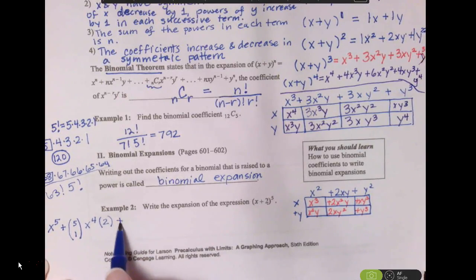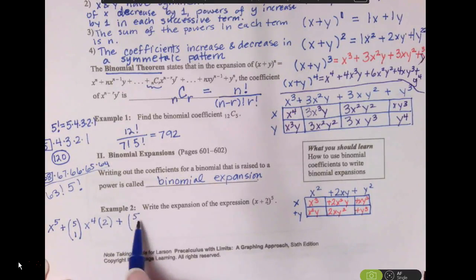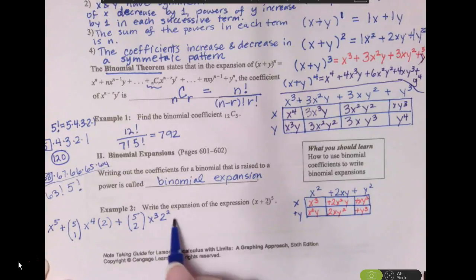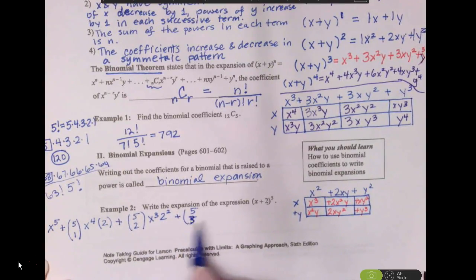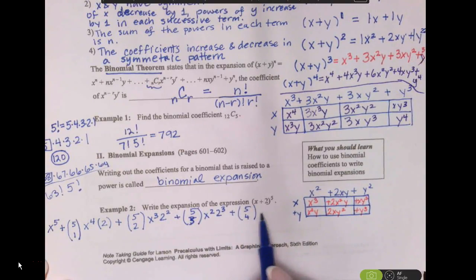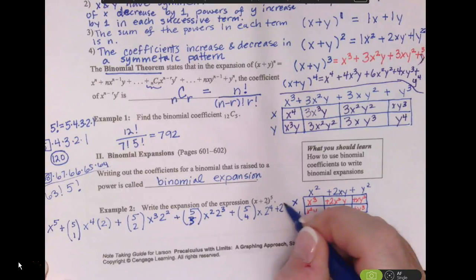Then I'm going to have my next coefficient. Then I'm going to have x to the 3rd, and then 2 is going to be 1 more power, so that'll be squared. And I'm going to have 5 things taken 3 at a time. That'll be x squared, 2 to the 3rd. 5 things taken 4 at a time is x times 2 to the 4th, and then my last term is 2 to the 5th.